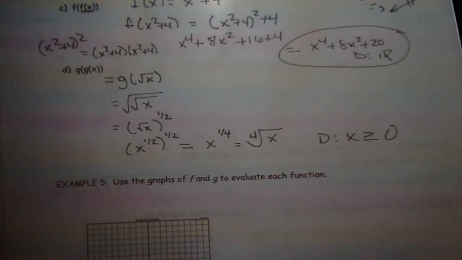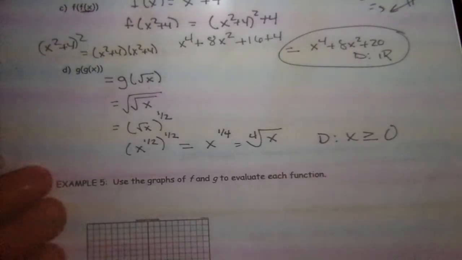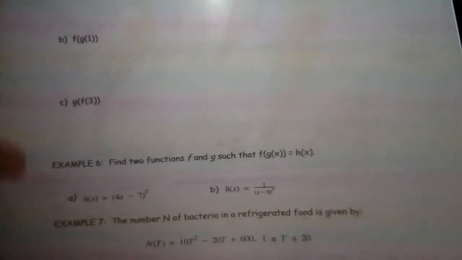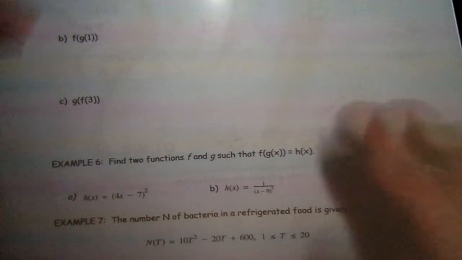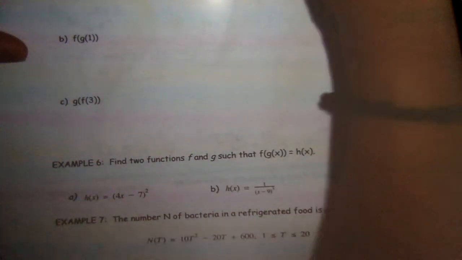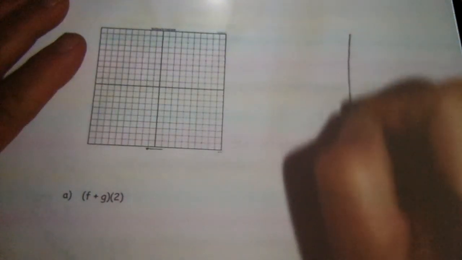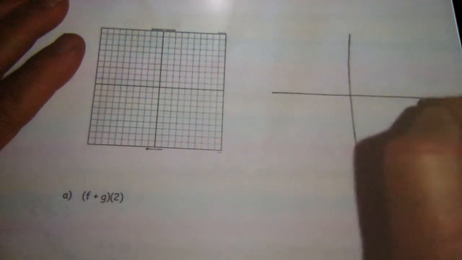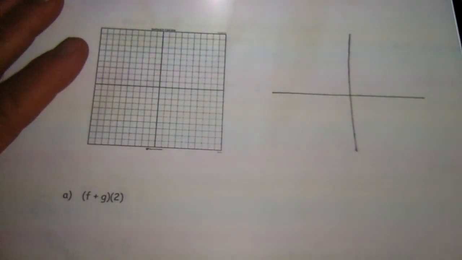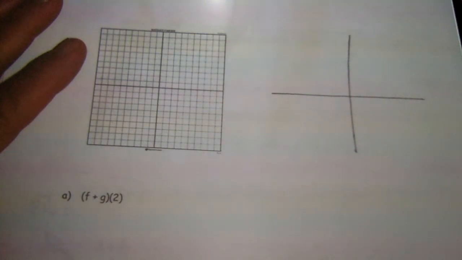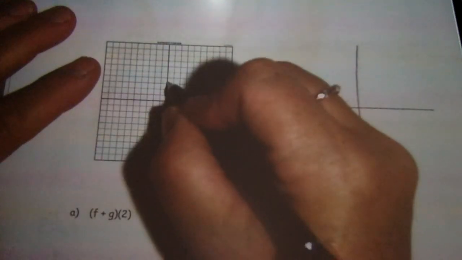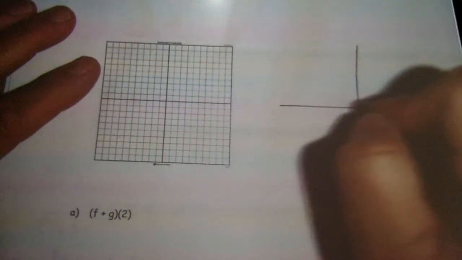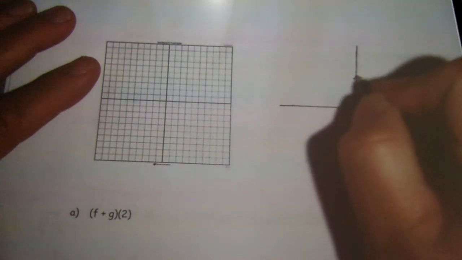Example 5 says use the graphs of f and g to evaluate each function. So let's go over here. And the f function, I don't know. How am I going to do this? Put it right here.